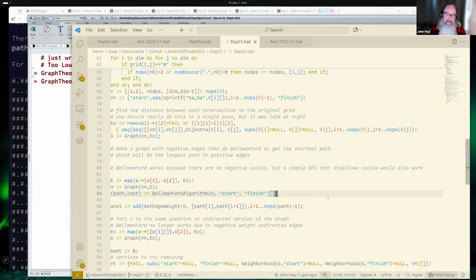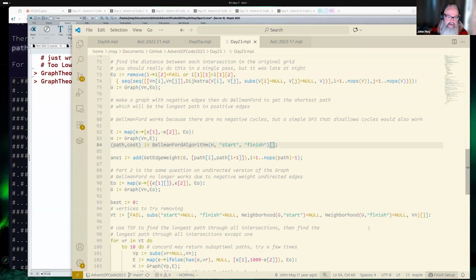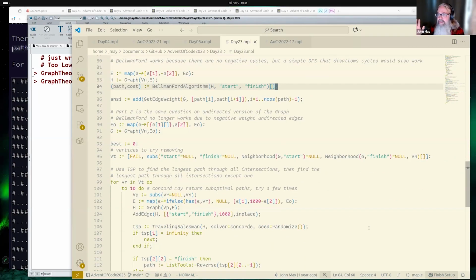But the second part of the problem took away all the directions and gave you an undirected graph, and now asked for the longest path that doesn't revisit any edge or node. At this point, it's late at night, and you have no idea what to do.